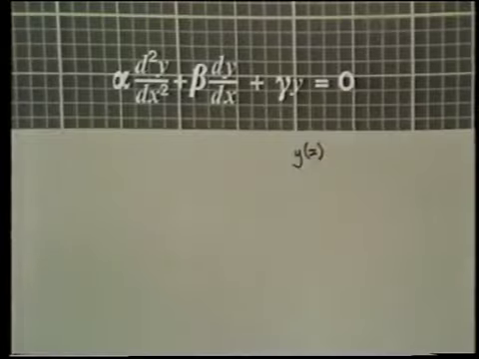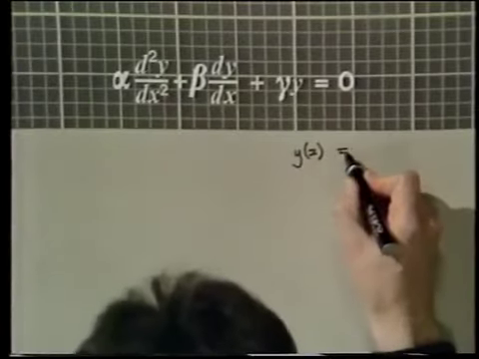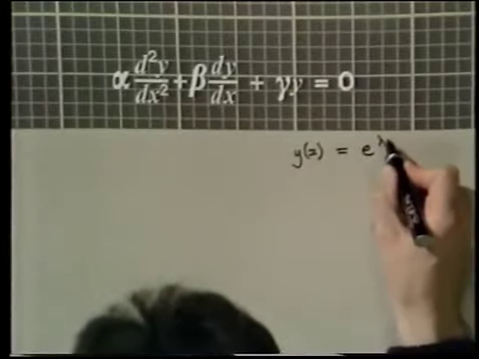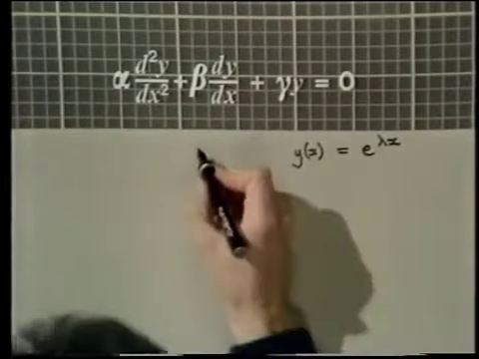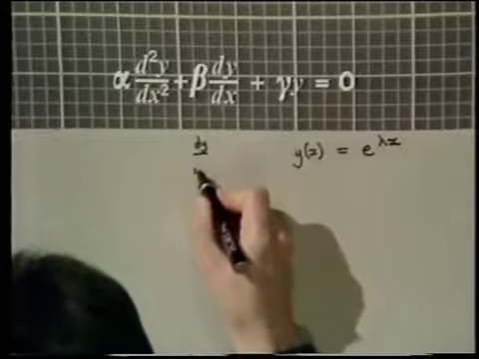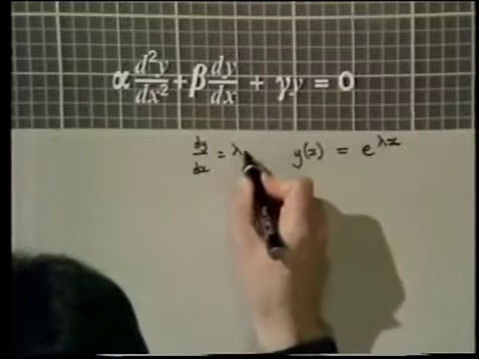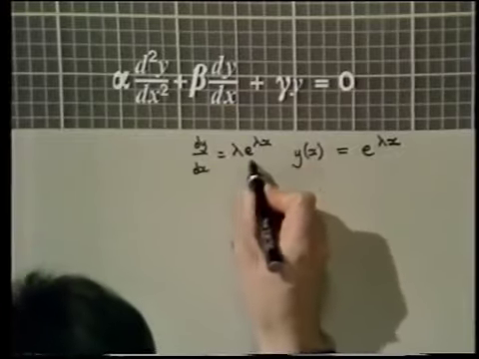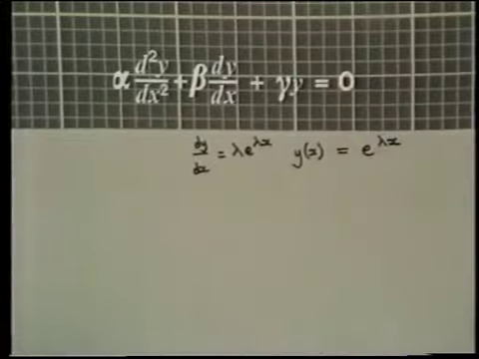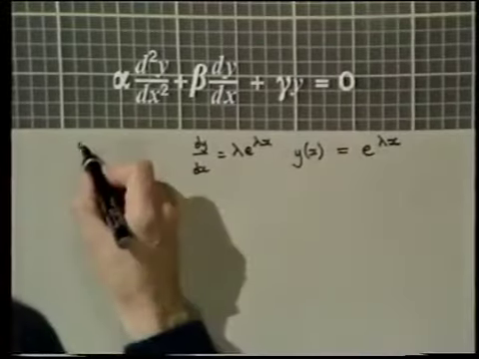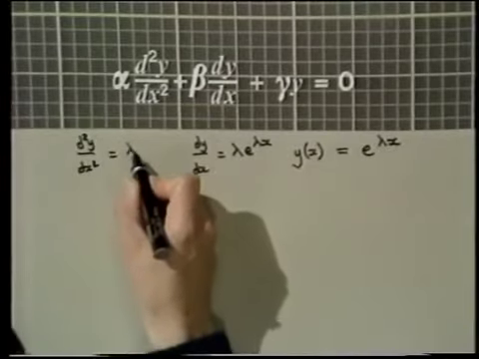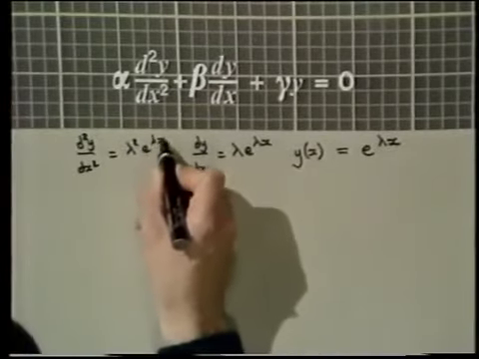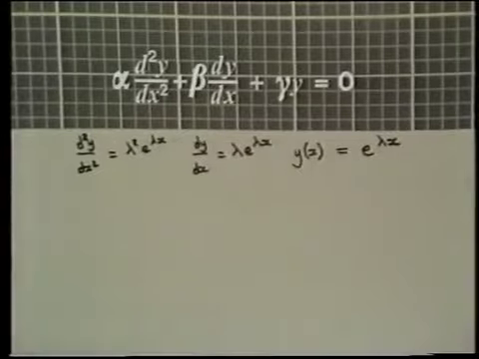Well, one way of arranging that is to set y of x equal to an exponential function, because then, when I differentiate, I'm going to get the same exponential function back, but multiplied by the constant lambda. And if I differentiate again, I'll still get the same exponential function back, but this time multiplied by lambda squared.